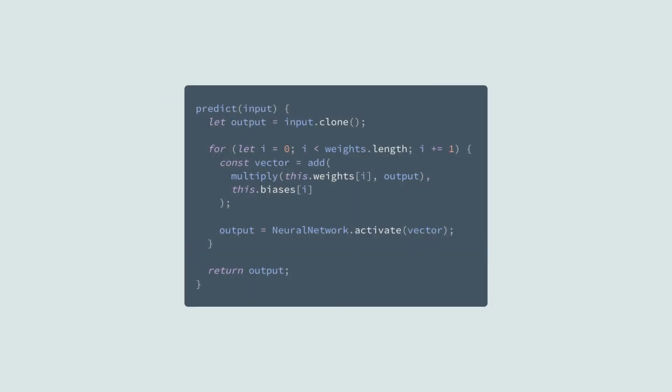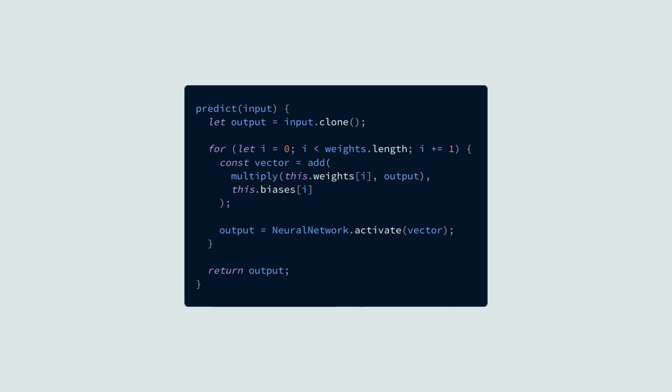For the prediction, we get the input as the method argument. Then we apply the steps we saw previously. Each time, we multiply the column vector by the weights and add the biases. Then we pass the column vector through the activation function and keep feeding the output to the next layer. At the end of the loop, the output will be the network prediction, so we can return that.